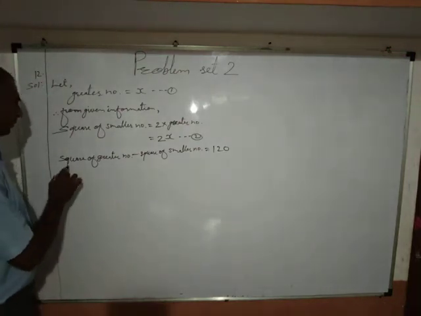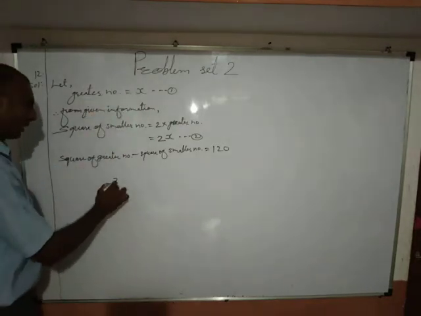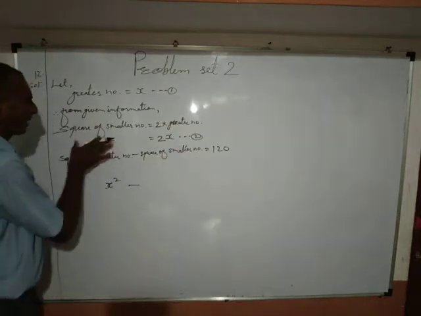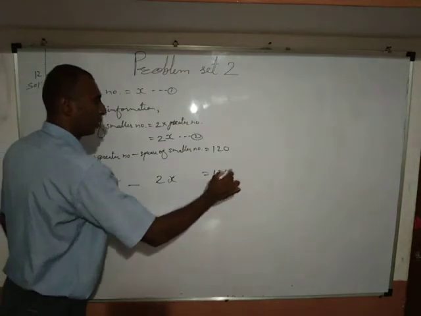The square of the greater number is x, and therefore the square of x is x square, minus the square of the smaller number which, according to the given information, is 2x, that equals 120.